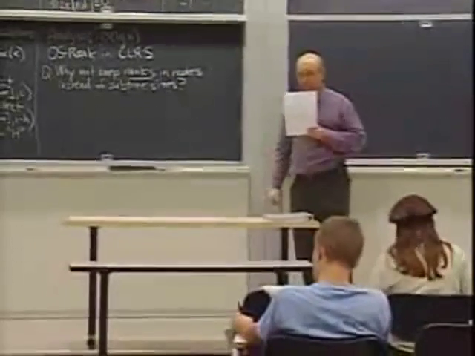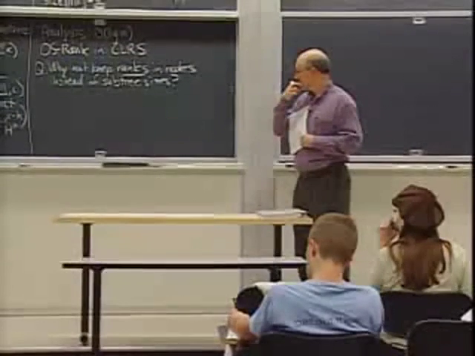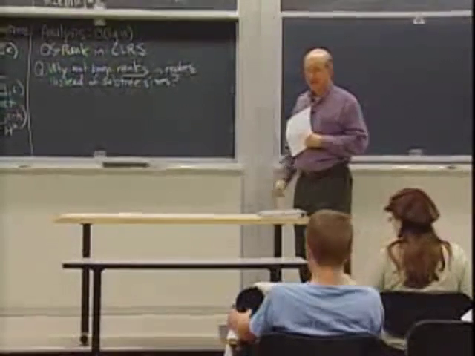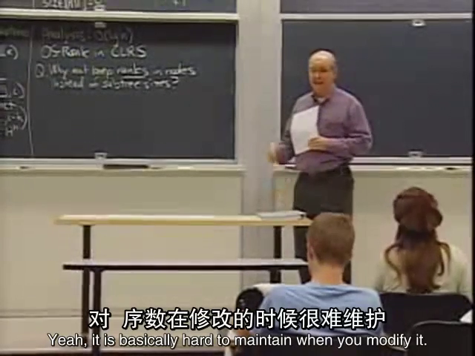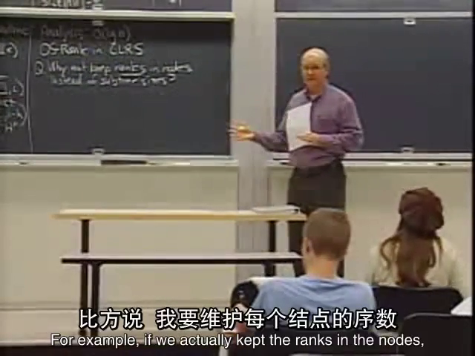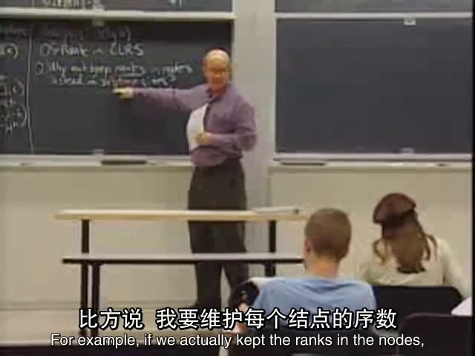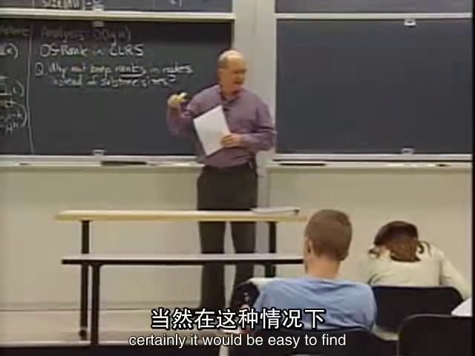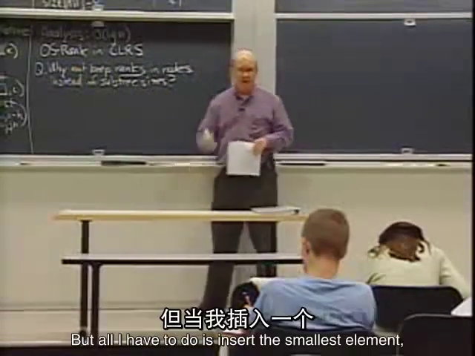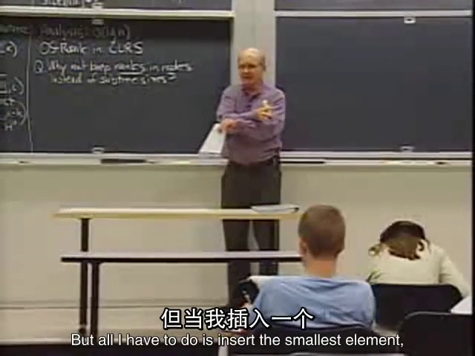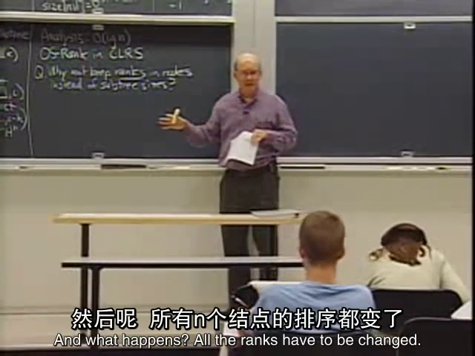Yeah? Well, the reason you wouldn't want to store it in the actual node is because it takes order n time for insertion and deletion. Yeah, it's basically hard to maintain when you modify it. For example, if we actually kept the ranks in the nodes, certainly it'd be easy to find the element of a given rank. But all I have to do is insert an element that's smaller than all the other elements, and what happens?